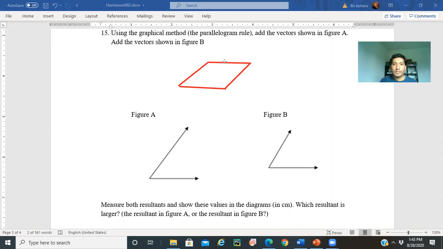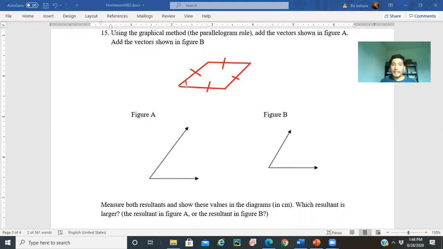Okay, so this line is parallel and equal to this line, and this line is parallel and equal to this line. So opposite sides in a parallelogram are equal and parallel to each other. That's why this is a parallelogram.